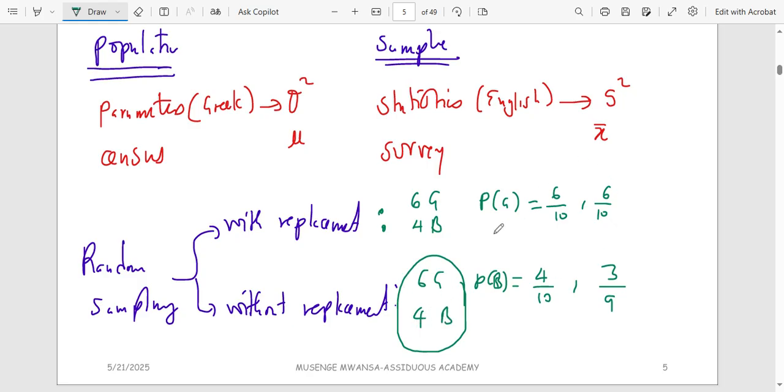But since you didn't put back that ball, if the first time the probability of picking a blue ball was 4 out of 10 and you've picked a blue ball, the probability of picking another blue ball is going to be, because I've removed one blue ball already, we now have 6 green and 3 blue. So the probability of picking another blue ball will now be 3, and the total is 6 plus 3, which is 9. I don't know if that's okay.